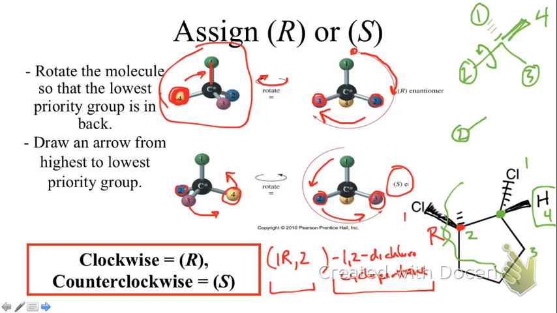As I do that rotation, 4 goes back, 1 ends up being here, 3 ends up being up top. Now when I connect through, which way are my arrows going? Here, let me do that in a different color. As I connect 1 to 2 and 2 to 3, which way am I turning? That ends up being clockwise, which means the configuration about my green carbon is R. I can now add that into my name.